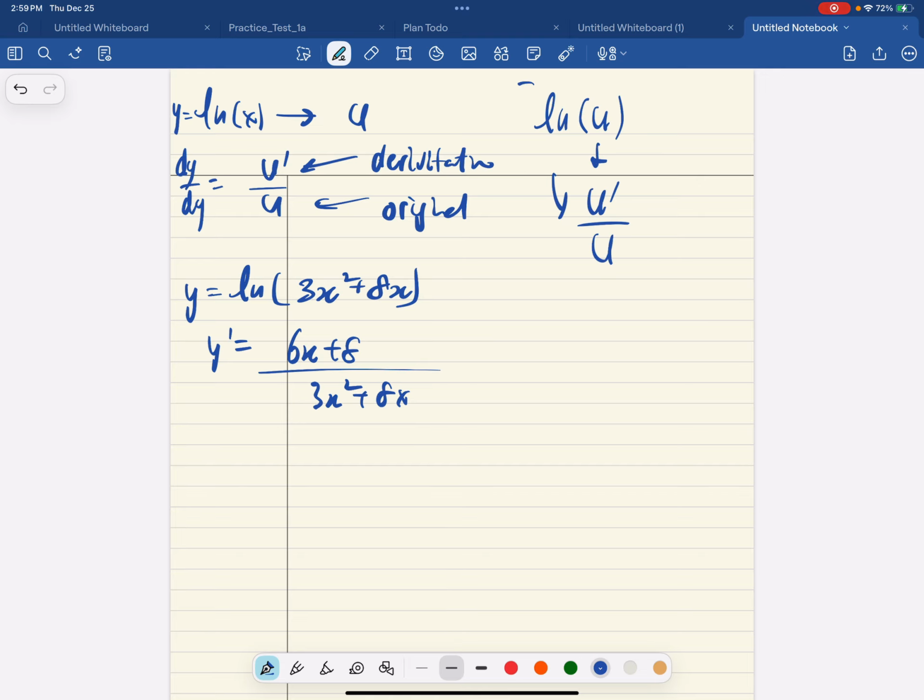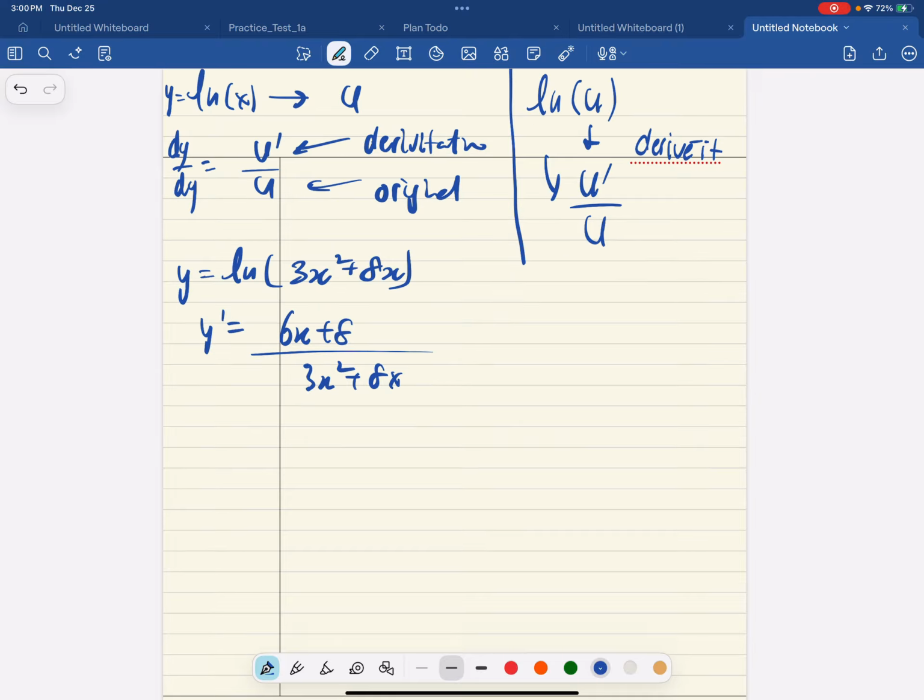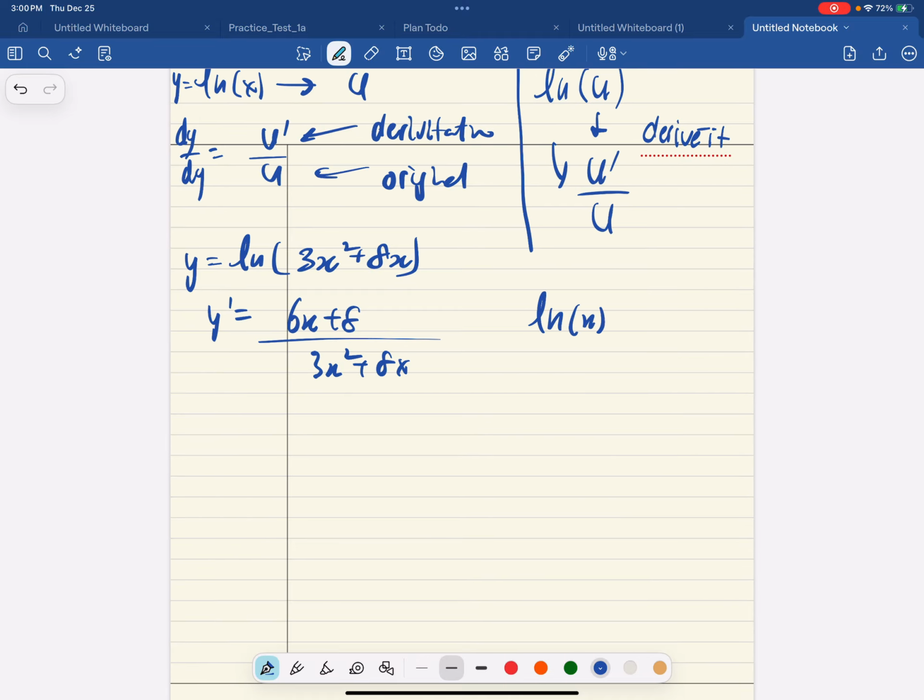When you differentiate it, it becomes the inside prime divided by the original inside. And that works for ln of x as well, turning into 1 over x. This is because the inside is an x, so x prime is 1, and the original function is x.